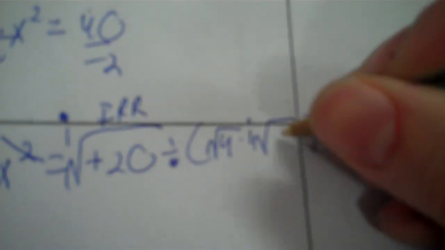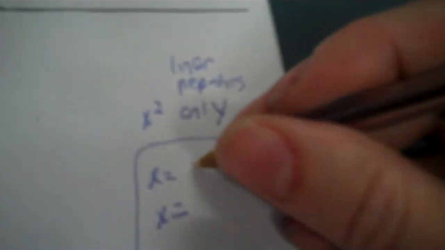So you start dividing: 20 divided by 1, 6, 20 divided by 9, no. 4 and 5. Well, the square root of 4 is 2. So it'd be 2i square root of 5, and that's the answer.